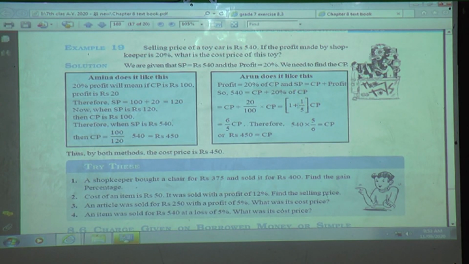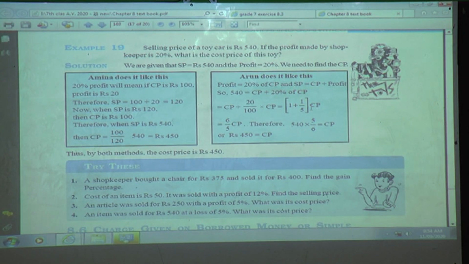After finding this addition, since the denominators are different, we first have to find the LCM and solve, which we learned in the second chapter, the addition of a fraction with a whole number. After calculating 1 plus 1 upon 5, we get 6 upon 5 multiplied by CP.